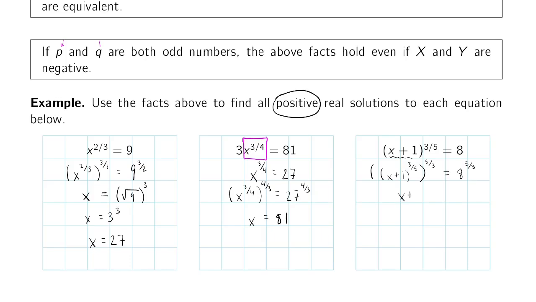So x plus 1 equals, according to the calculator, 32. Subtract 1 from both sides. Our solution is x equals 31. As long as we're only interested in the positive solutions to these equations, everything is completely straightforward. We take the reciprocal of the exponent, and we take that power on both sides.